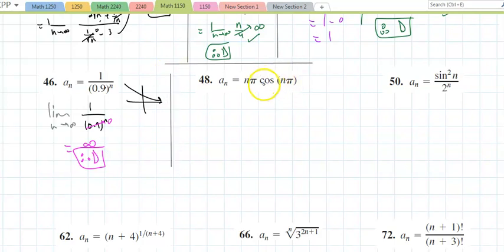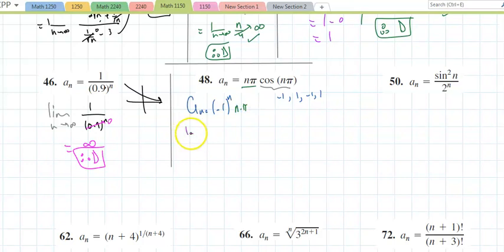This is a bit messy, just a bit. Cosine n pi: n equal 1, I'll get a negative 1. n equal 2, cosine of 2 pi is 1. 3 pi, negative 1. So a sub n actually is negative 1 to the n times n pi.